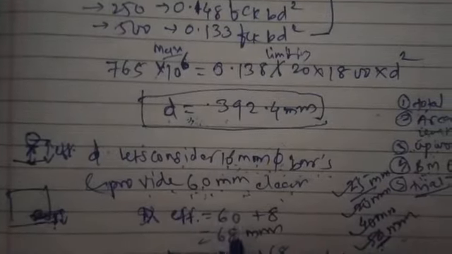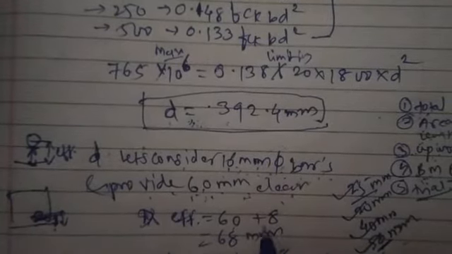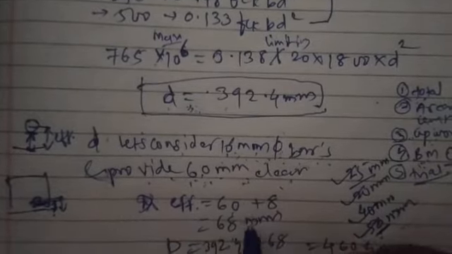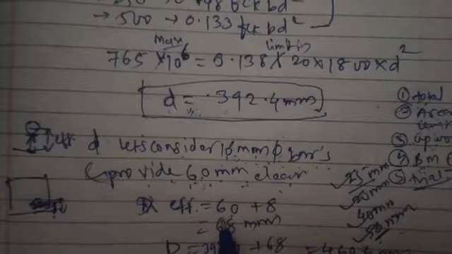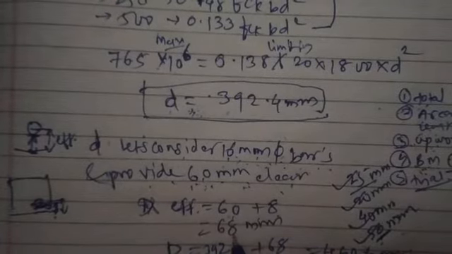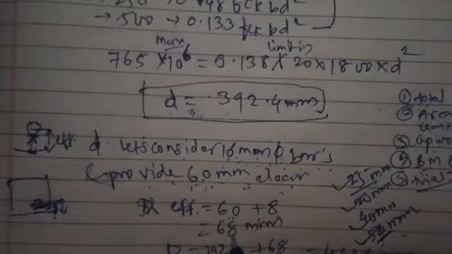So in order to calculate effective cover, we need to add half of the diameter of bar to the clear cover. We'll get the effective cover after adding 8 mm to 60 mm. So we have got effective cover of 68 mm.